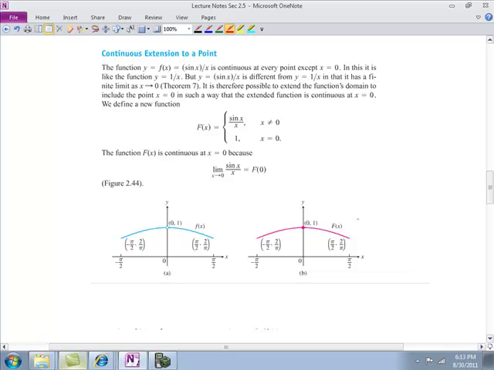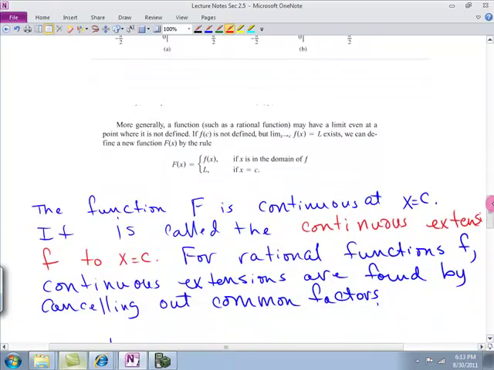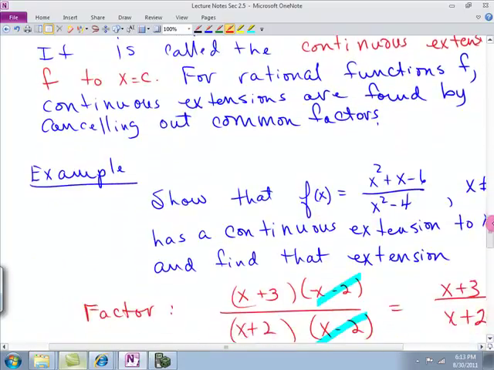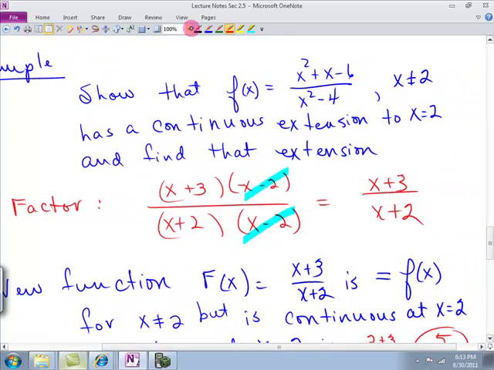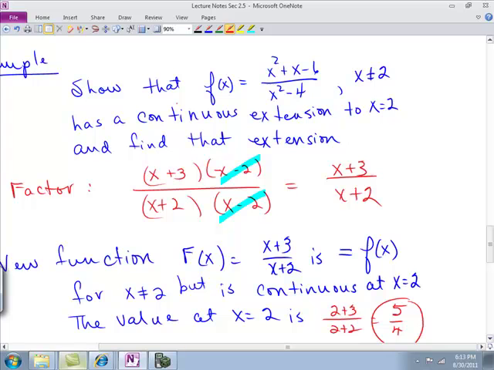What we're going to be doing with that is some factoring. So let me show you an example of what we're going to do. Okay, so here's our example. I need to make it a little bit bigger so we can see it all. Show that f of x equals x squared plus x minus 6 over x squared minus 4, if x is not equal to 2, has a continuous extension to x equals 2, and find that extension.